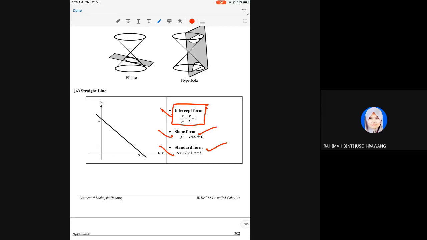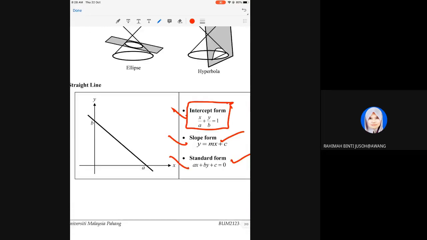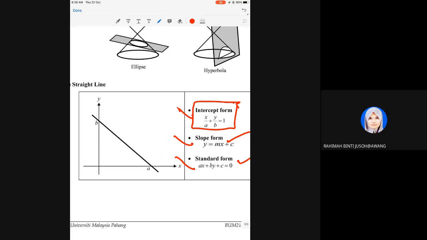But now I would like to stress the intercept form. Intercept form means we will have a fraction x over a plus y over b equals to 1. We have to make sure all the variables are on the left hand side and then equals to 1. So when plotting the graph, we just need to denote the coordinates of a and b respectively.